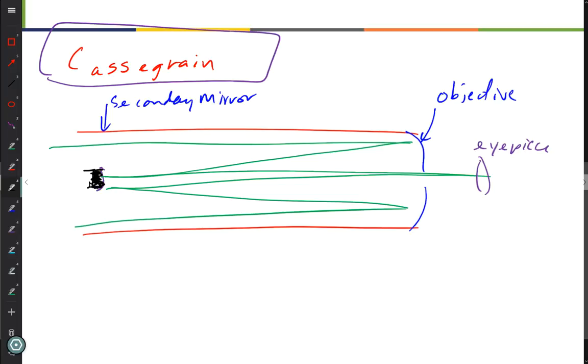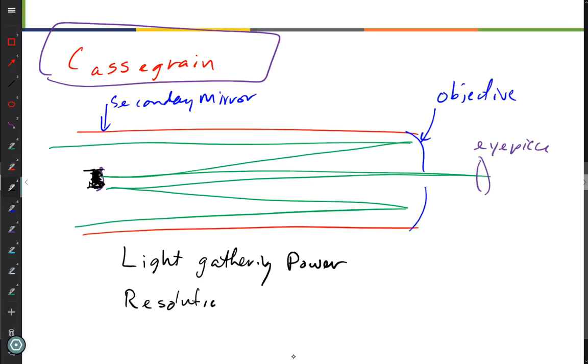Now with the telescope, there are two things that you're concerned about. The two things you're concerned about are light gathering power and resolution. How many people are surprised there's not another word there? No one?